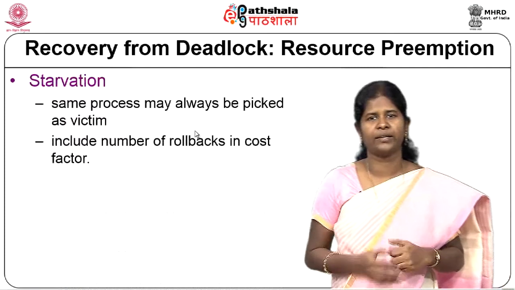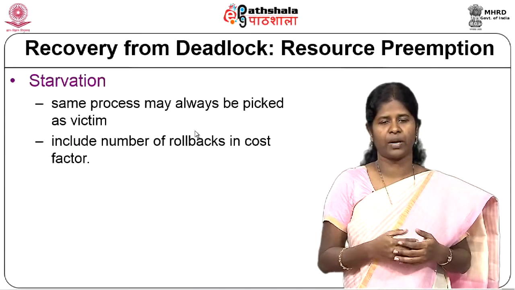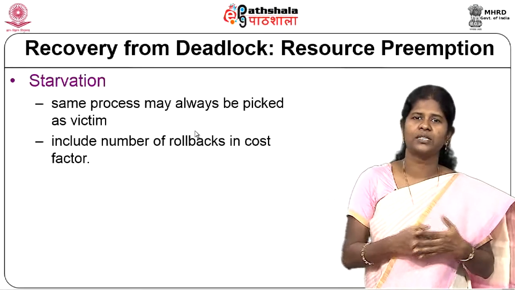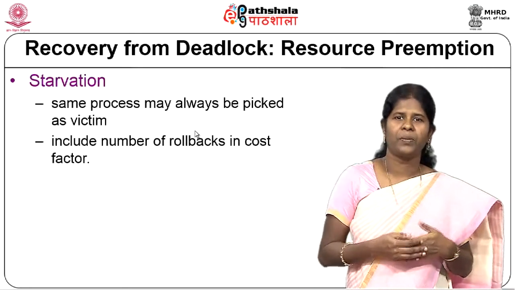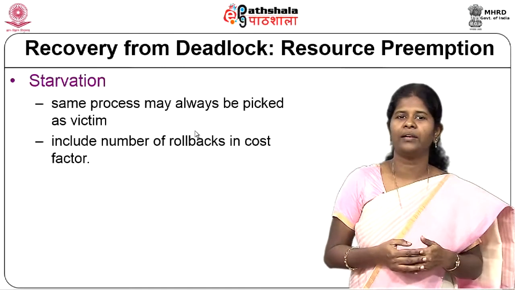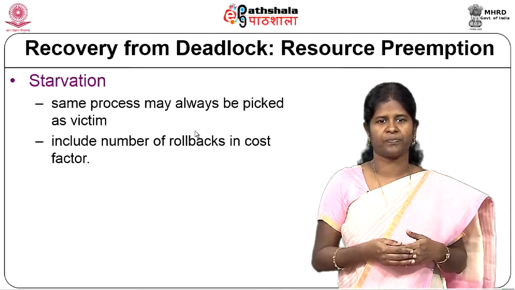And the next issue that needs to be addressed is starvation. When you are preempting resources from a process, there is quite a lot of possibility that the same process will always be picked as a victim, maybe because it is a low priority process. You need to ensure that starvation does not happen in the system.